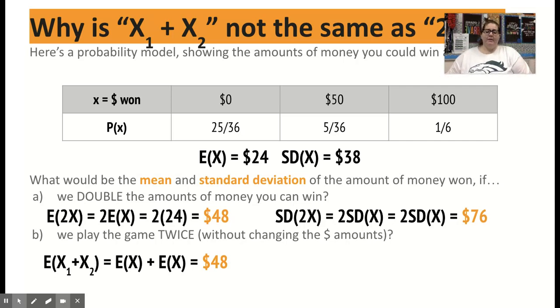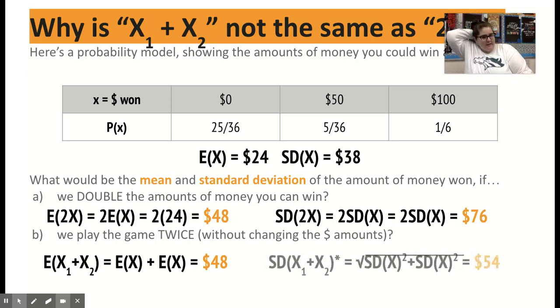Expected value works out the same. E of x, or mean of x plus mean of x, 24 plus 24 is 48. The mean's going to work out the same as what we did on part A. But standard deviation is where things are going to be different, because if you remember, if I'm combining variables, which is what I'm doing here, I cannot just add standard deviations.